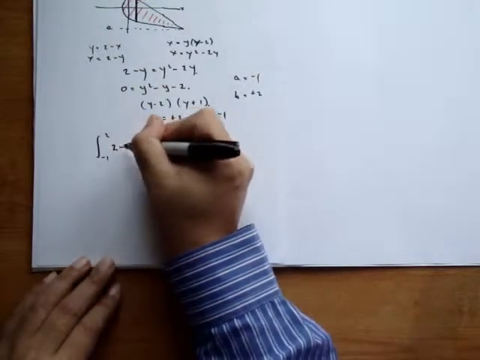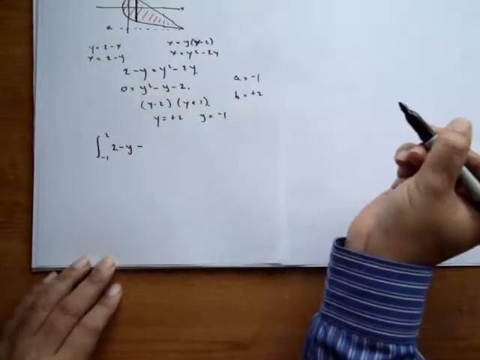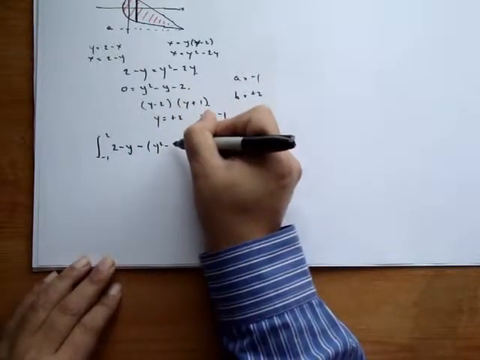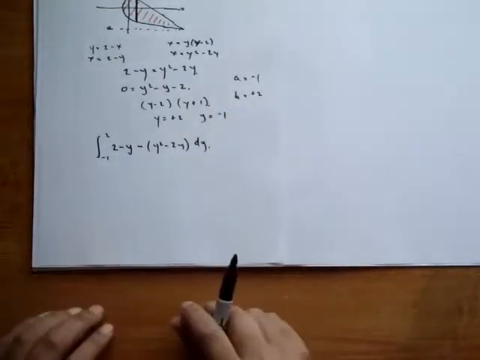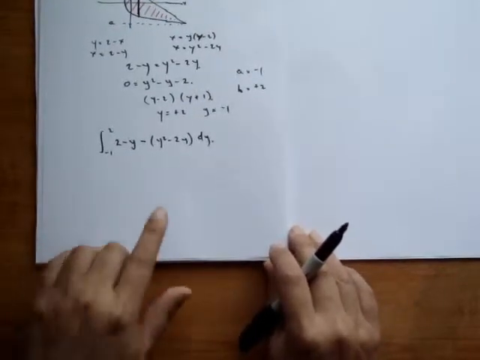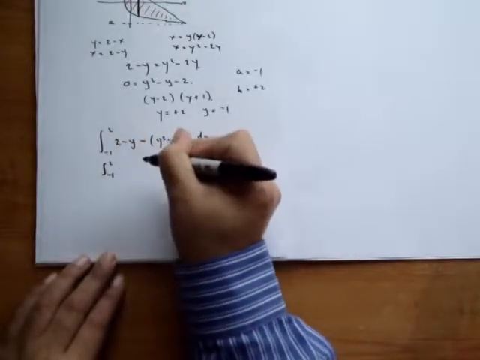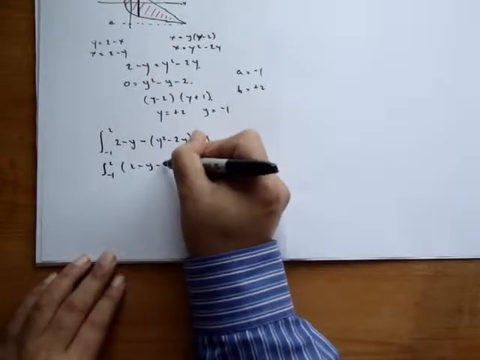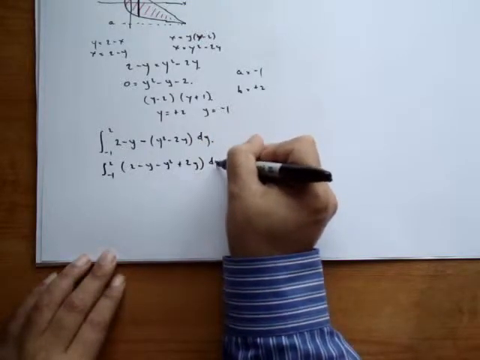That's our f, 2 minus y, and we're going to subtract from that our g, which is y squared minus 2y, and that's going to be dy. So when we get rid of the brackets, we get the definite integral from minus 1 to 2 of 2 minus y minus y squared plus 2y dy.